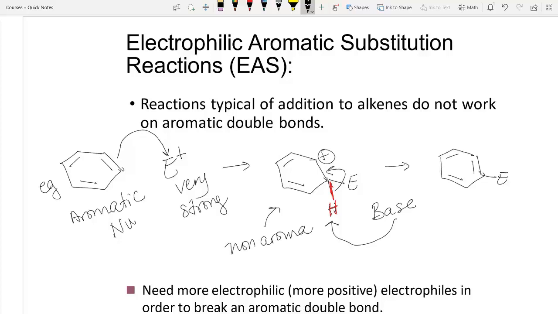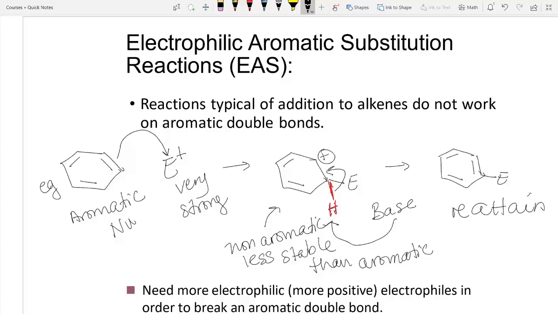And we learned that non-aromatic is less stable than aromatic. Because it's less stable than aromatic, it doesn't want to be that way. And so one way to reattain aromaticity, or to make this molecule become aromatic again, you're going to deprotonate.